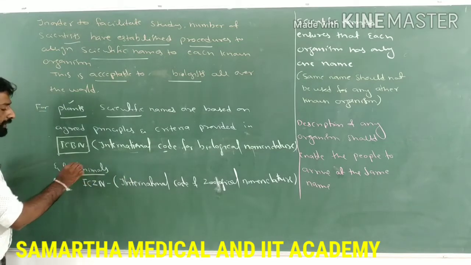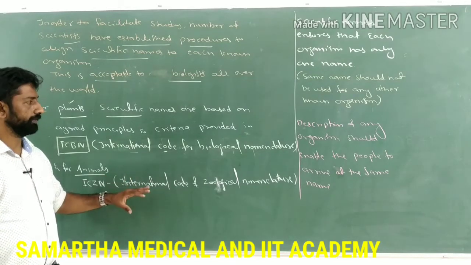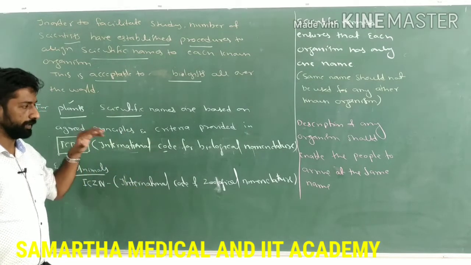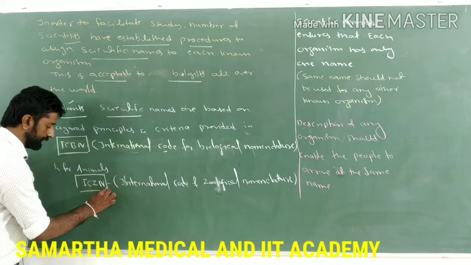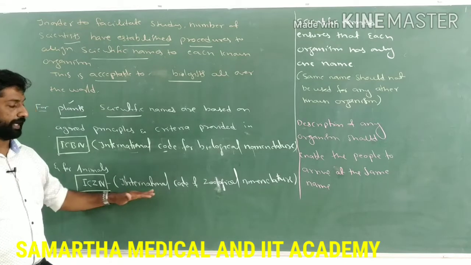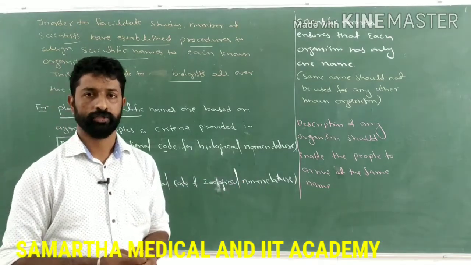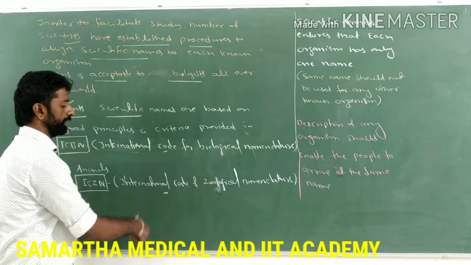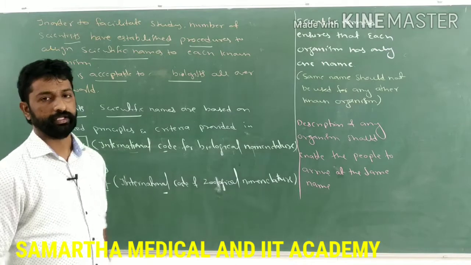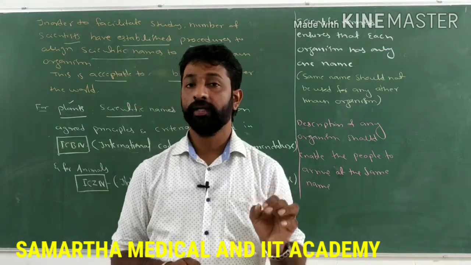Similarly, the scientific names for the animals are given with the criteria and principles given by ICZN. What do you mean by ICZN here? Nothing but International Code of Zoological Nomenclature. So from there you will get certain principles and criteria in order to give a scientific name for the animals.